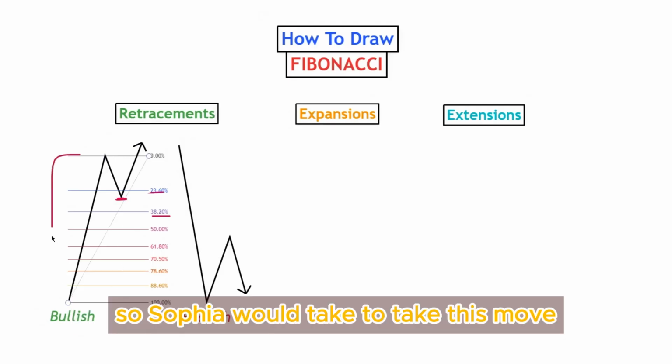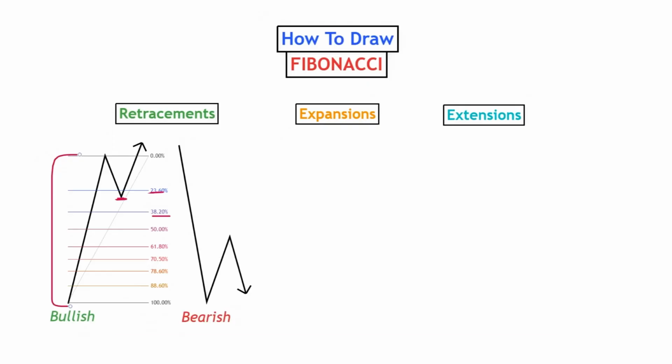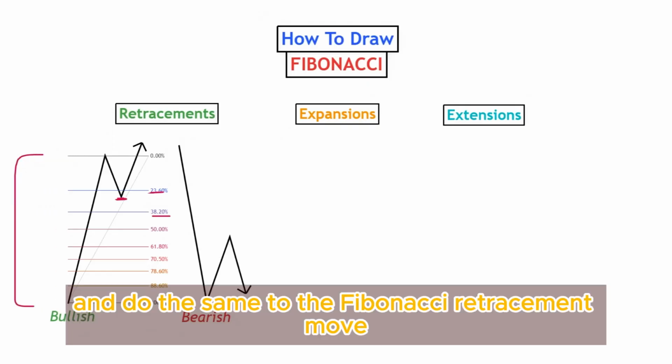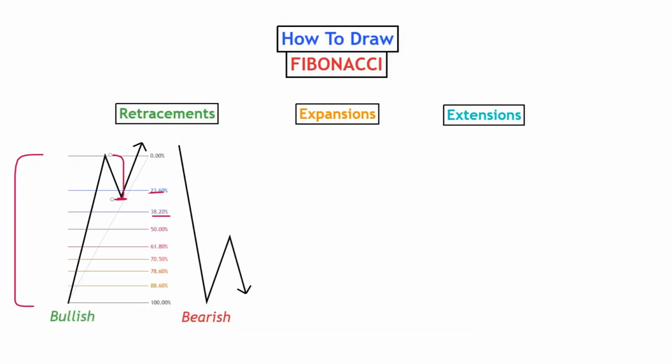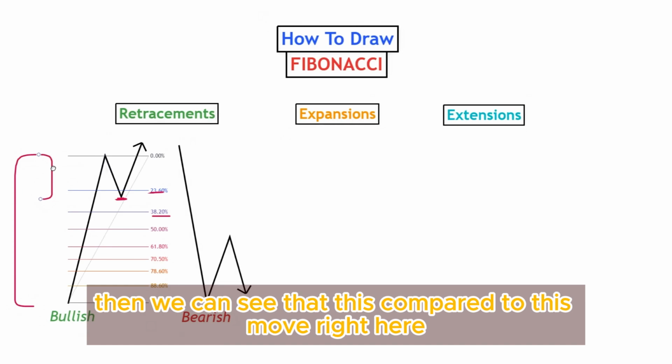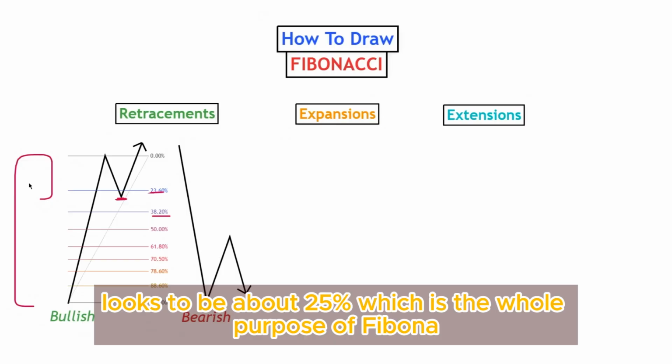So if we were to take this move, measure it out and move it to the side and do the same to the corrective move, then if we compare it, we can see that this compared to this move right here looks to be about 25%.